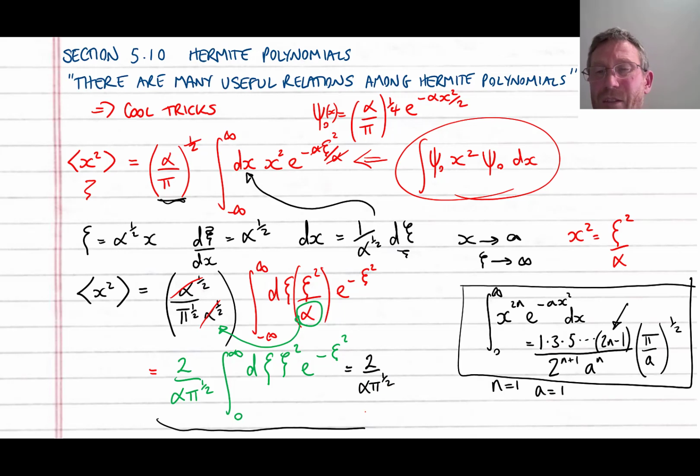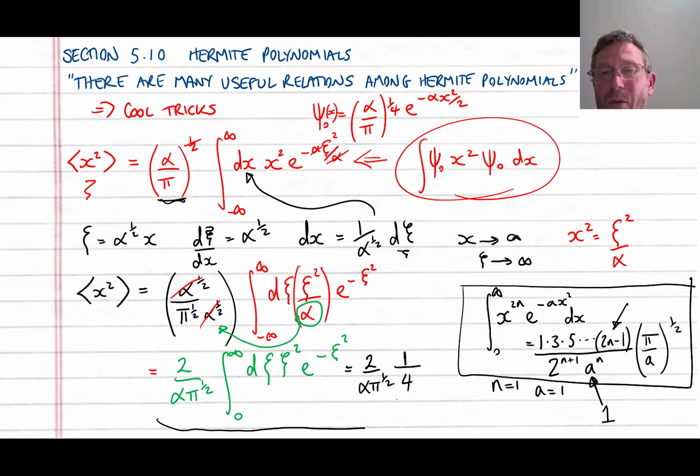But the standard integral is going to give us a value that is, in the numerator, we've got a 1 over, so n is equal to 1, so 2 raised to the 1 plus 1 is 2 squared, so that's 4, multiplied by a to the 1. Well, a is 1, n is 1, so that ends up just being a 1. This ends up being 1 in our particular case.